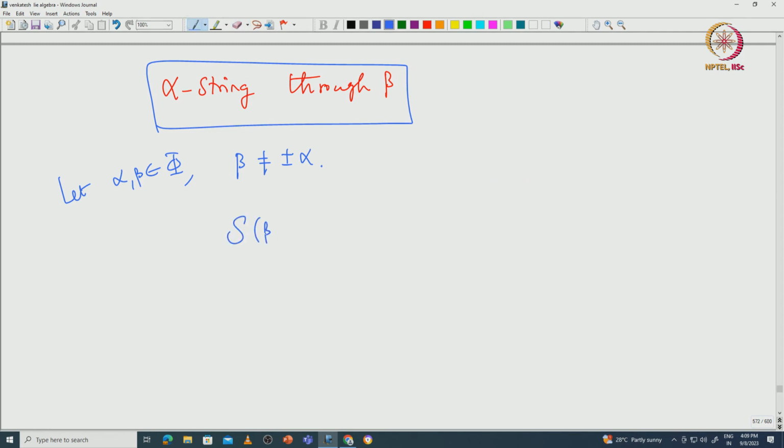So, S of beta, alpha is defined to be those beta plus i alpha such that i comes from the integers and beta plus i alpha is again a root. This is the set we are interested in.